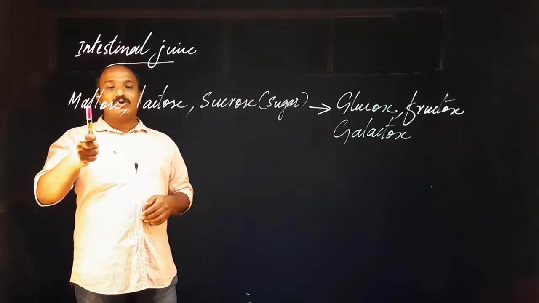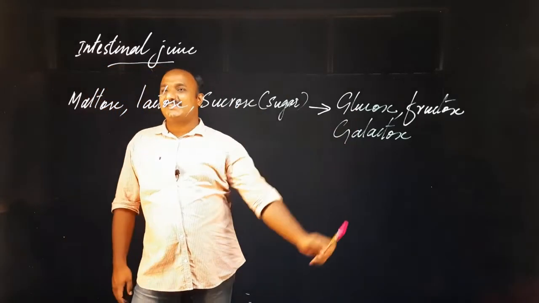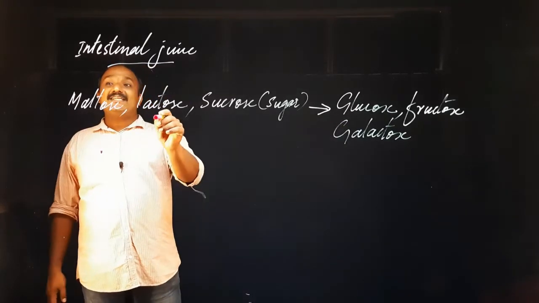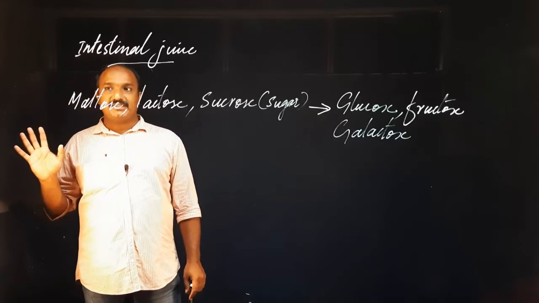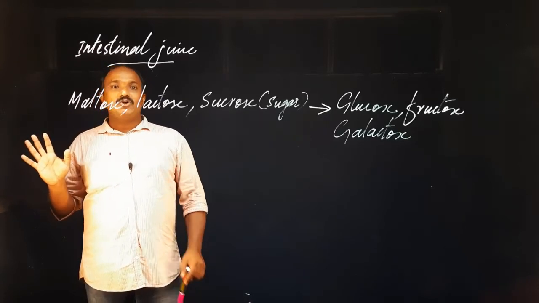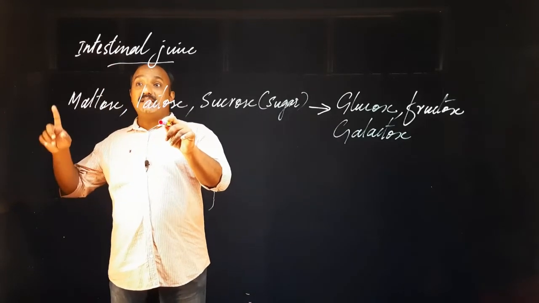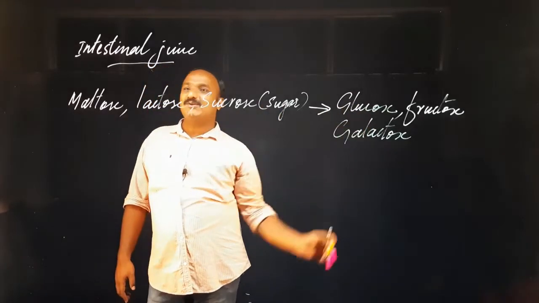Then that maltose is converted into glucose, the simplest form. Digestion is completed now. Lactose is the carbohydrate present in milk and milk products. Carbohydrate in the milk is converted into glucose and galactose.